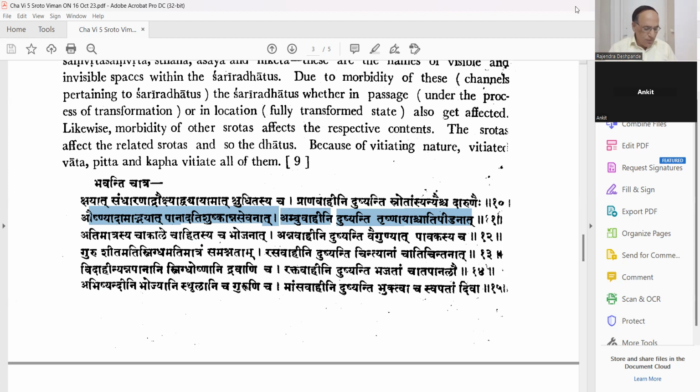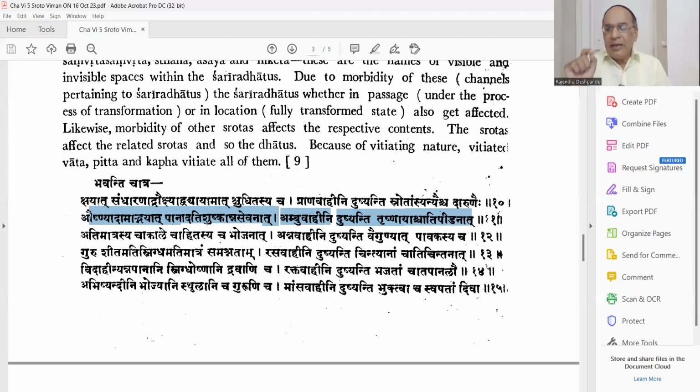Next, please write down Ama. What is Ama? The presence of Ama in Mahasrotas. What is Ama? Indigestion material. When our digestion is not proper, primary digestion or the dhatu pachana vyapar, the metabolic processes, are disturbed, then the body creates toxin-like material inside.